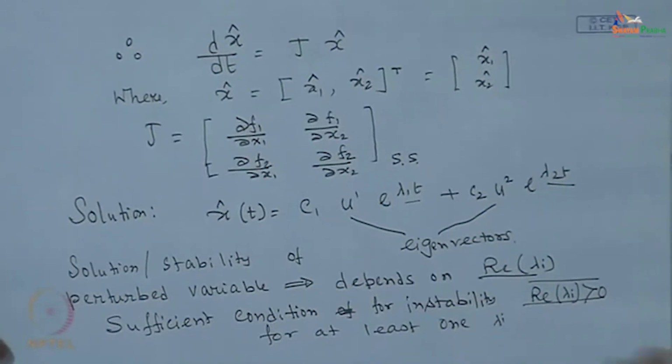That means if in a system there are 4 or 5 eigenvalues, and the real part of one eigenvalue is greater than 0, the system becomes unstable, and that is the sufficient condition for instability. We do not require any more conditions to check the instability. If one of the eigenvalues has a real part greater than 0, positive, then we will have an unstable solution.